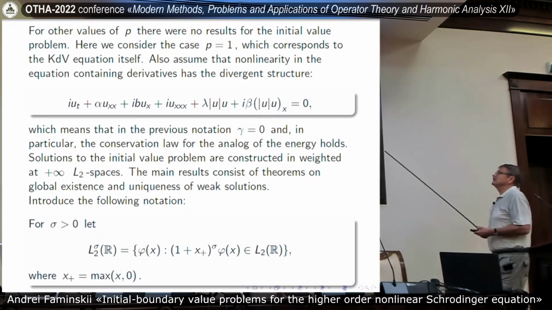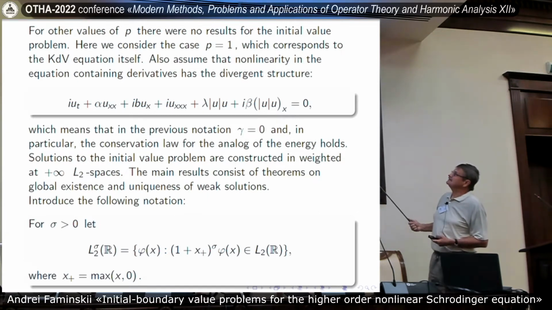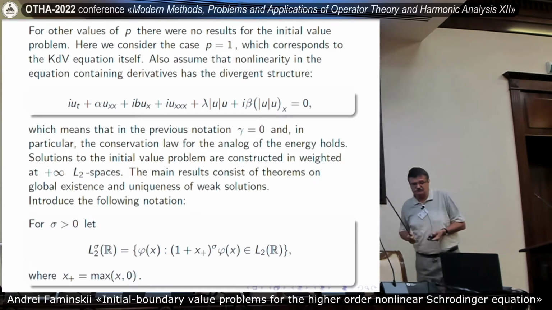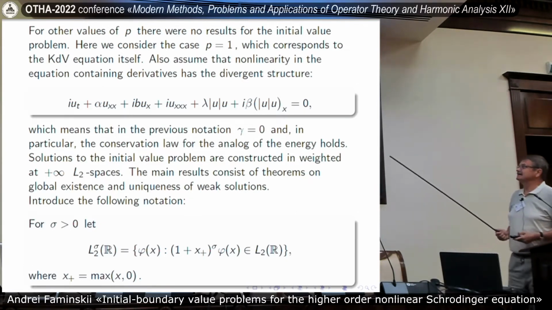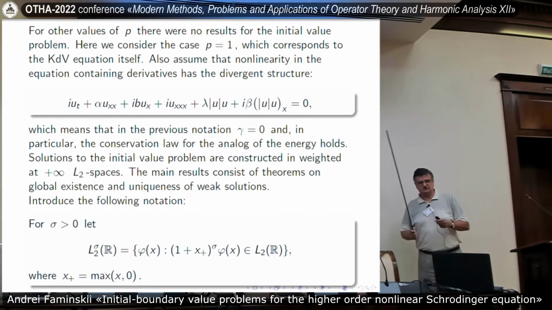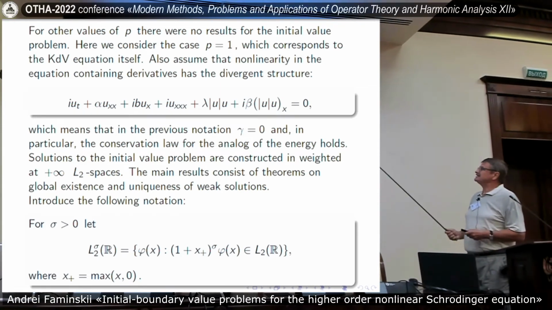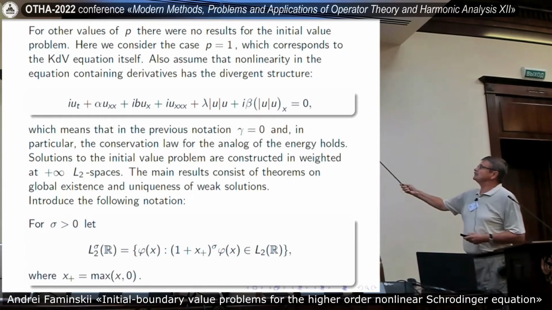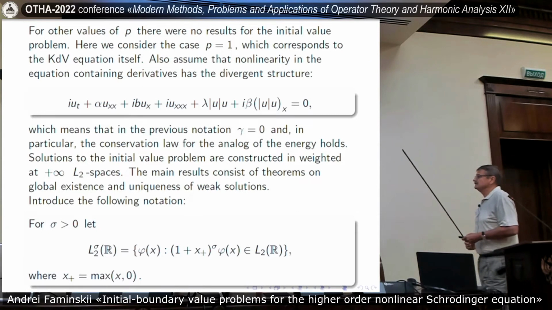For example, there were no results in the case p equal to 1, and this case corresponds to the Korteweg-de Vries equation itself. The idea of the first part of my study is to consider the case when the nonlinearity has quadratic degree.